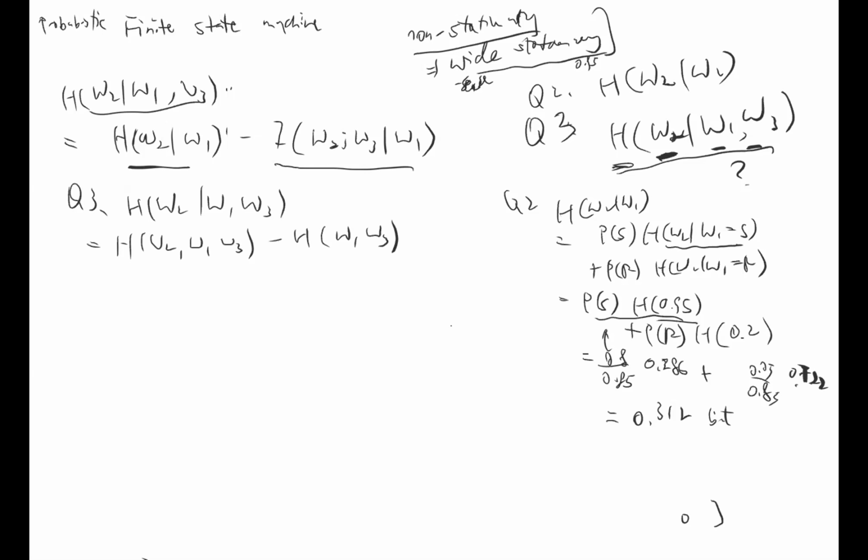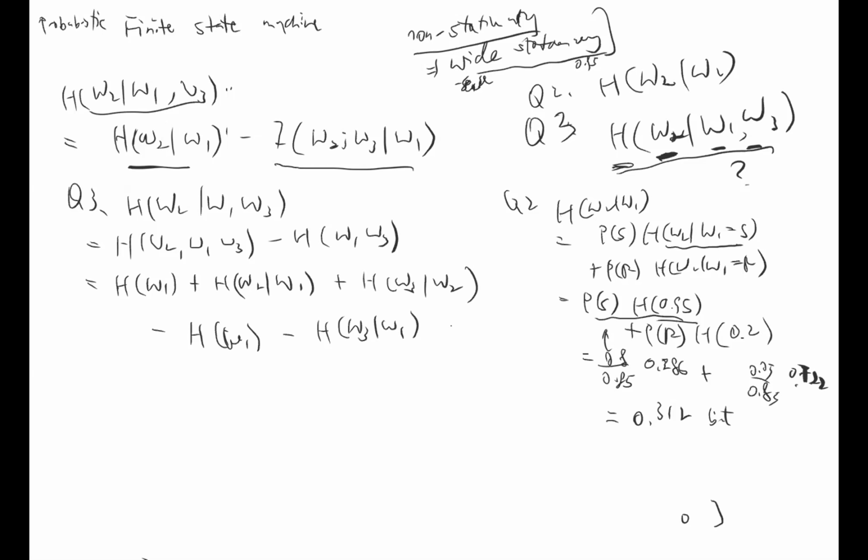So the first term is H of W1, plus H of W2 given W1, plus H of W3 given W2, W1, but because I have a Markov chain, the W1 can be dropped. And the second one will be minus H of W1, minus H of W3 given W1. So these two get canceled.